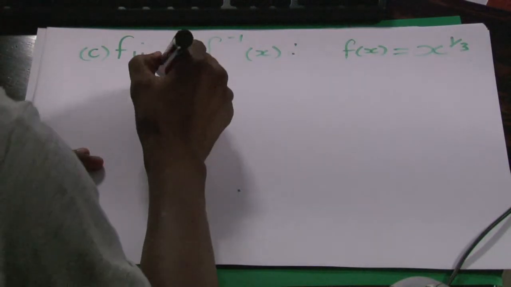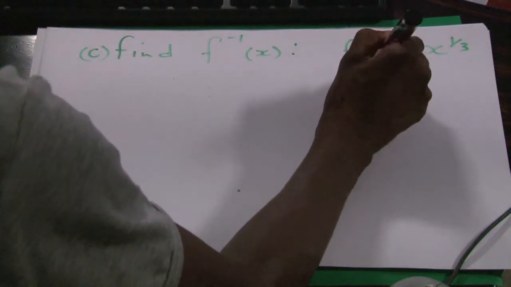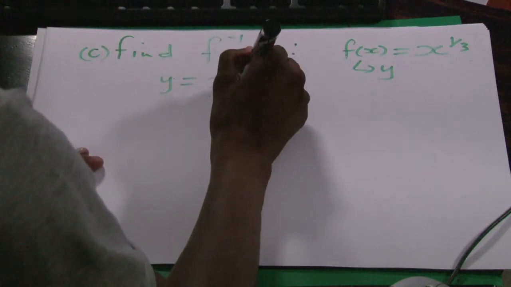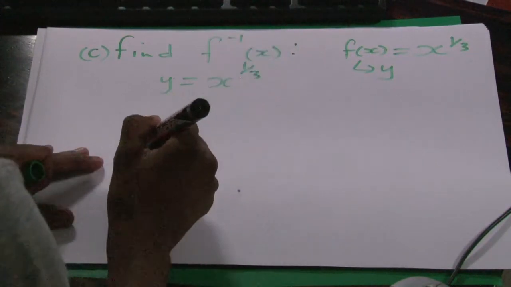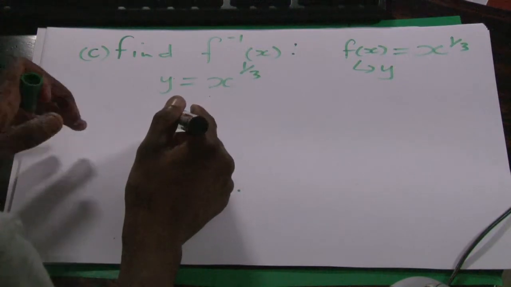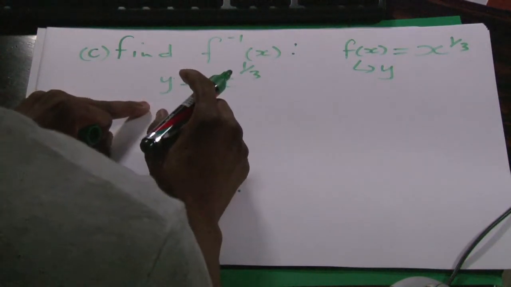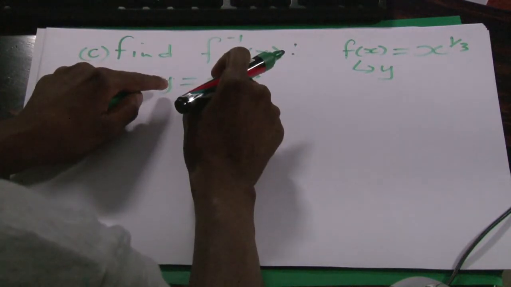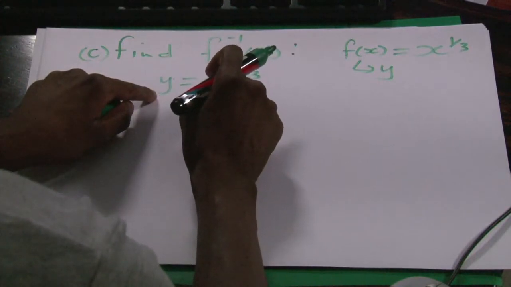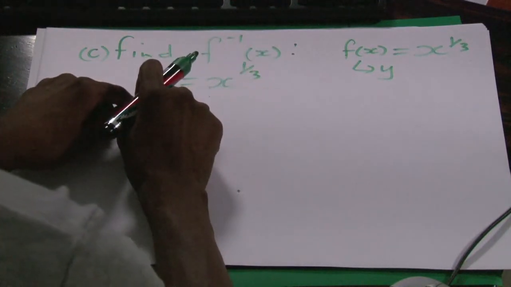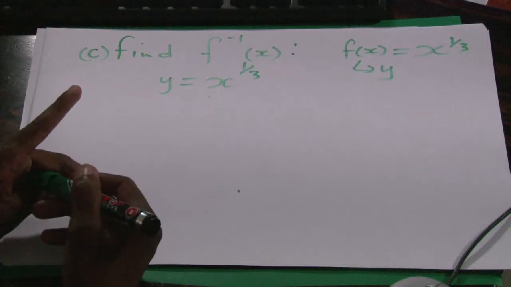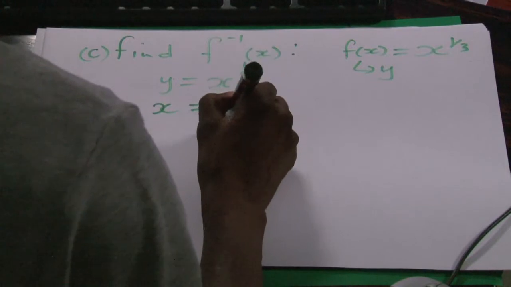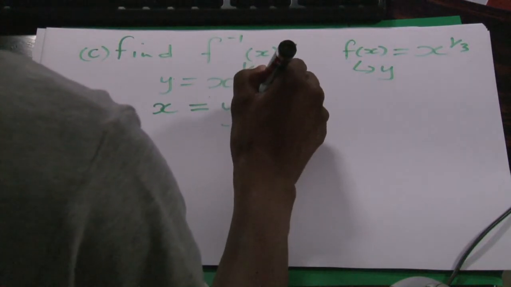So what we're going to do is to change this f of x to y. So then we will have y is equal to x to the power of 1 over 3. So now to find the inverse, you must interchange or exchange. At the place of x you put a y, and at the place of y you put x. So meaning that we will have x is equal to y to the power of 1 over 3.